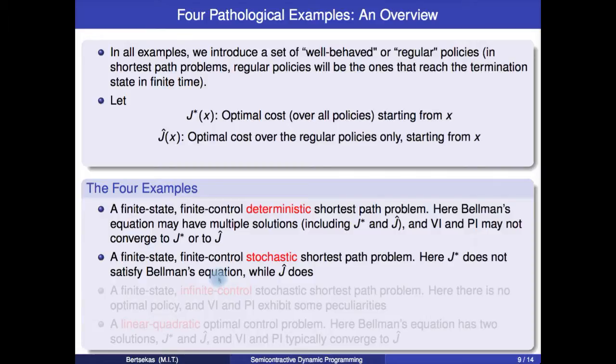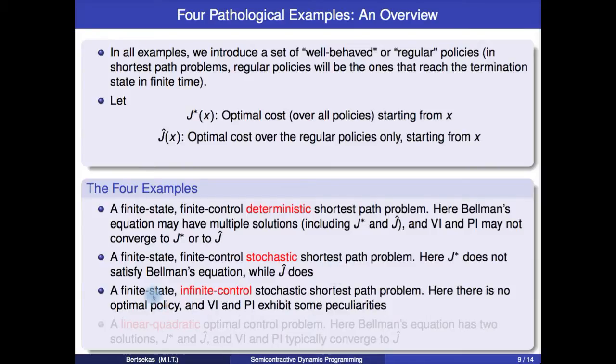And the key fact here is that this problem is stochastic. For deterministic shortest path problems, Bellman's equation is always satisfied. Perhaps it may have many solutions, but these solutions include J star. However, for stochastic problems, this is not necessarily true, even though it turns out that J hat is a solution of Bellman's equation.